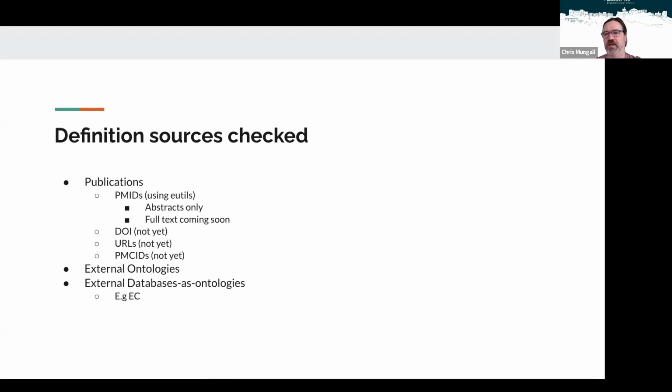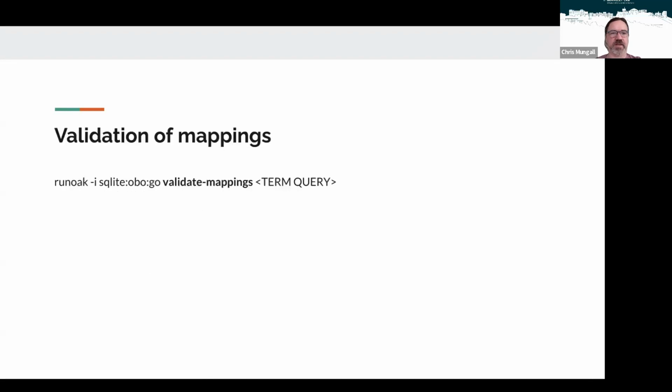There's a whole ongoing discussion in OBO at the moment about the best way to make ontology-based representations of things that are traditionally regarded as databases. But the short story is that, thanks to some of the work of Charlie Hoyt, you can now access a number of databases like EC and Rhea as if they were ontologies, and just use them within this OAK checking mechanism.